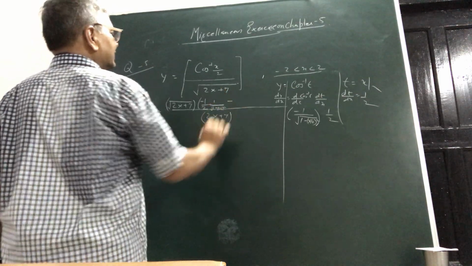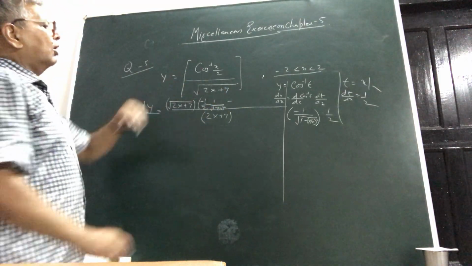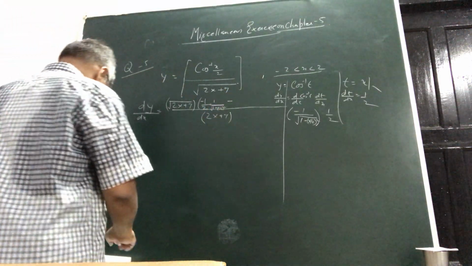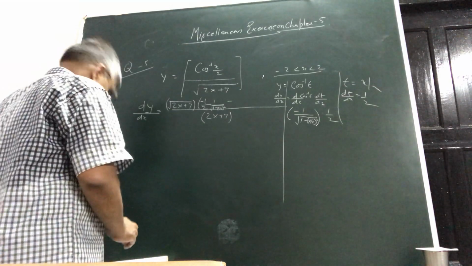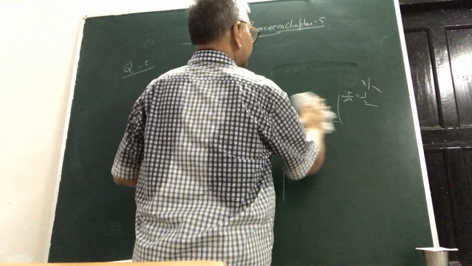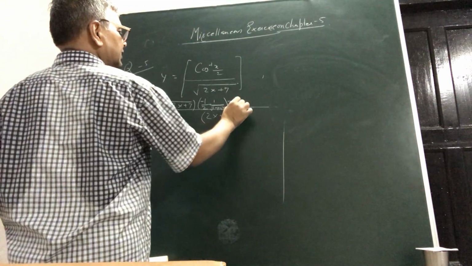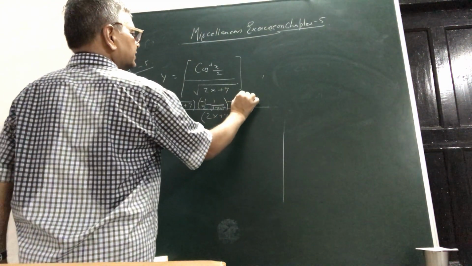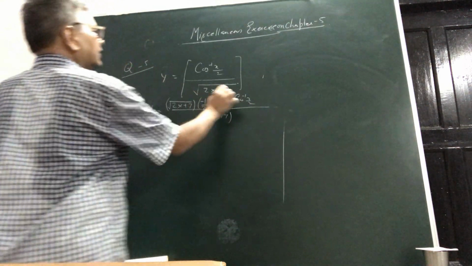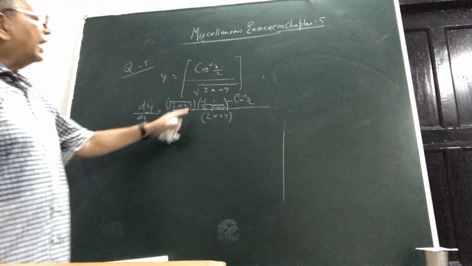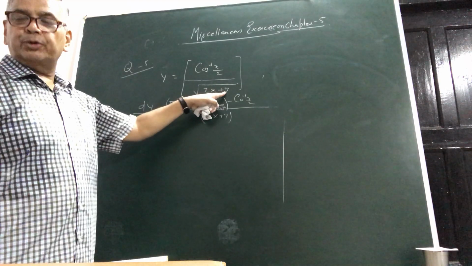Okay, and then minus cos inverse x by 2, and the derivative of under root 2x plus 7. Again, here 2x plus 7 you will put p.